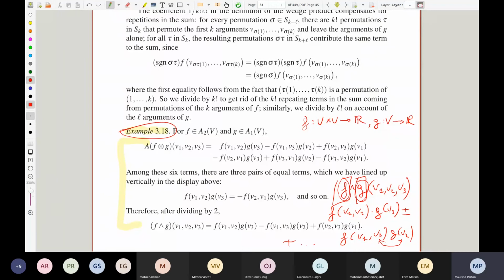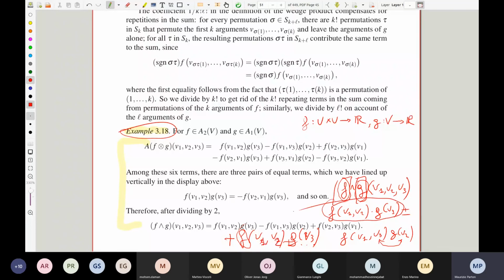If you notice, at a certain point, you will have also minus F of (v2, v1) times G of v3, right? But this is alternating, so this is plus F of (v1, v2), so it is exactly the same as this.